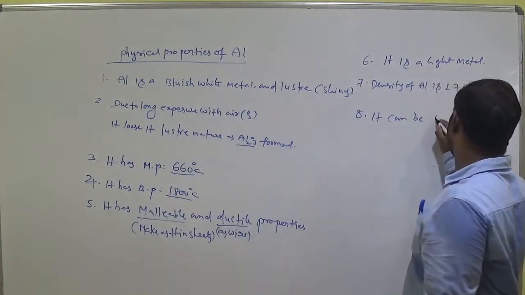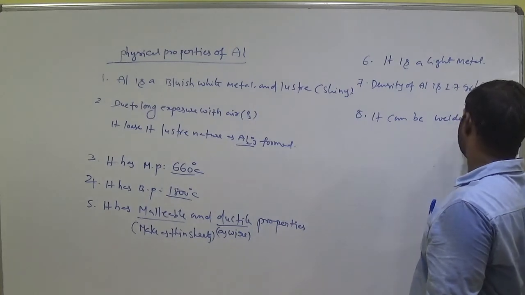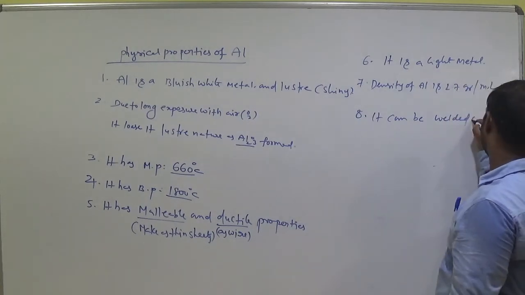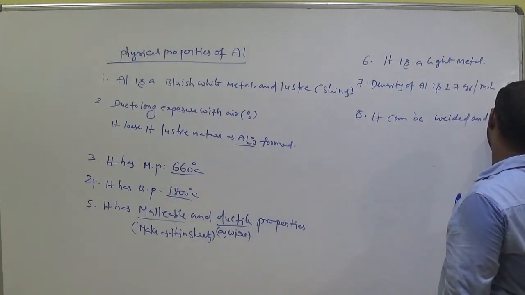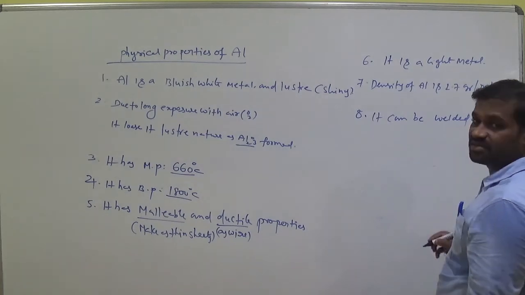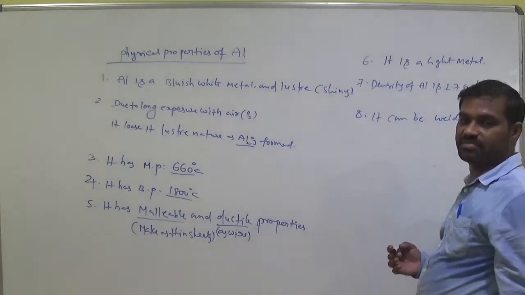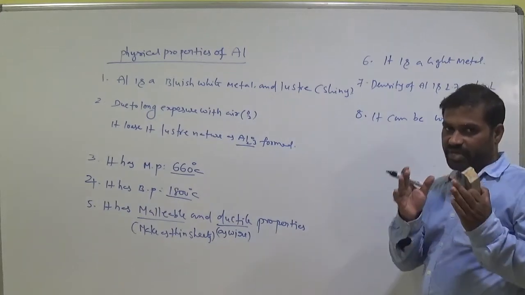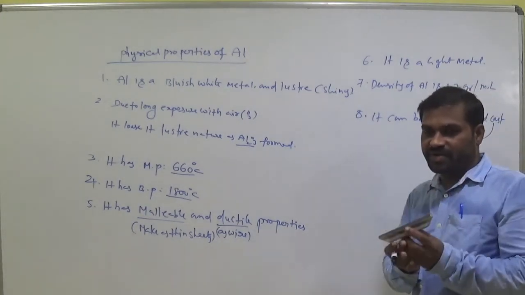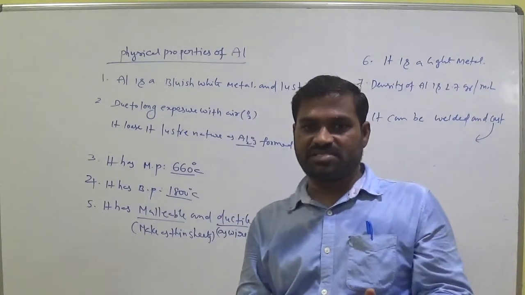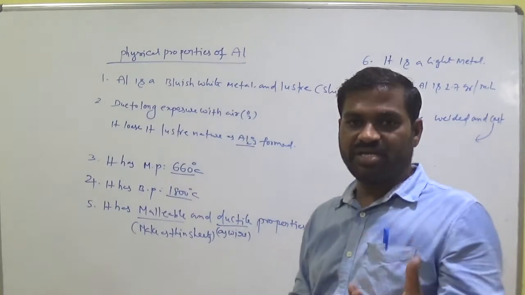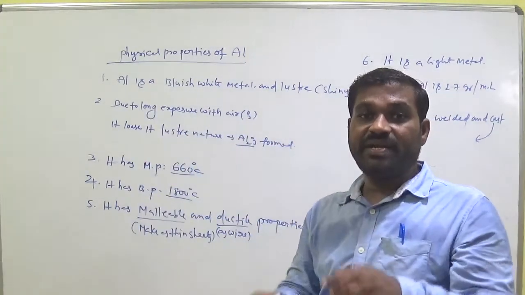It can be welded, that means used for welding purposes, and cast. Casting means making different shapes by using aluminium. By using aluminium we can make different shapes of items, maybe toys or aluminium sheets in different shapes.